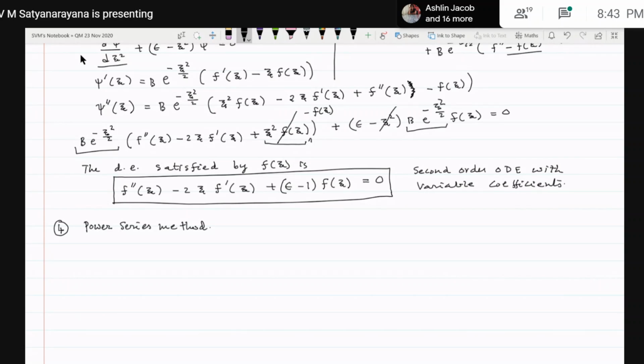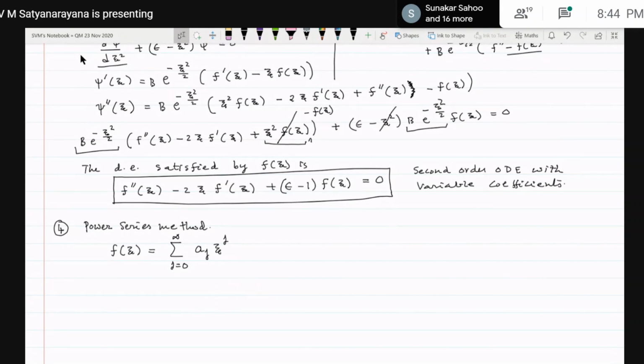So for that, what we will do is, let's assume that this f of xi is equal to sum over j equal to 0 to infinity a_j into xi to the power j. Let's assume a power series solution like this, we have to now find out a_j. Okay, so this is something which is easy.